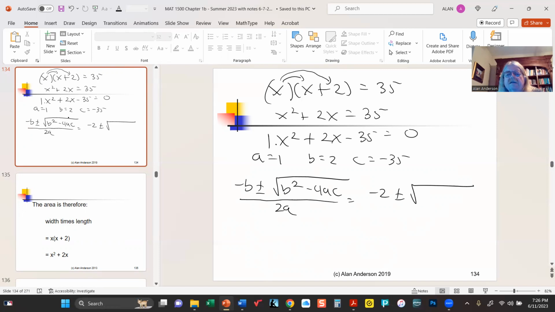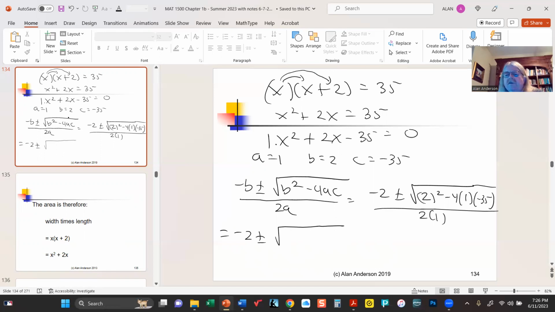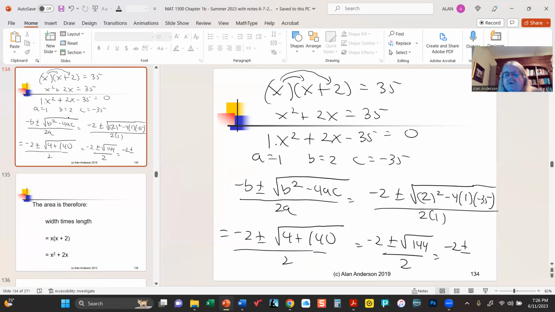So we plug in everything. So we have 4 plus 140. And of course, the square root of 144 is just 12.